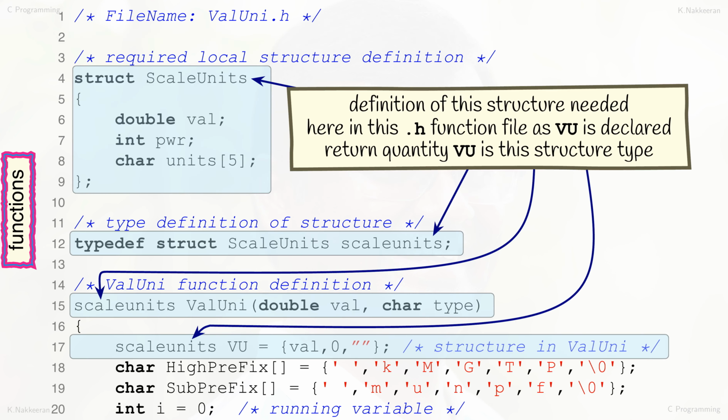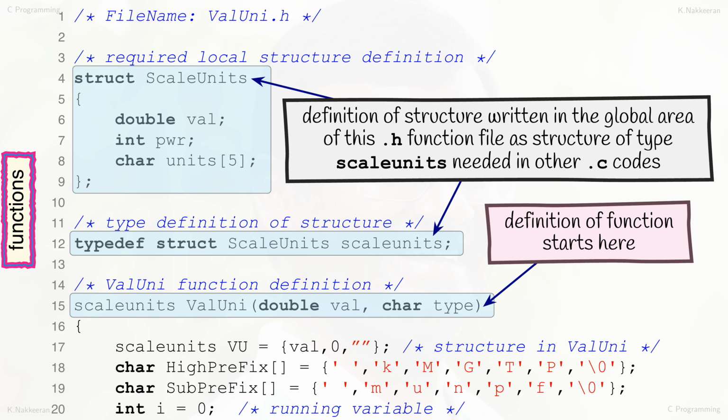The structure scale units definition is needed here, as the structure named VU is declared of this type and it is returned to the place this function is invoked from other .c programs. Also note that this structure scale units definition and corresponding type definition in line 12 are written in the global area, before the definition of the ValueUni function in line 15, as the structure of type scale units is needed in other .c programs.